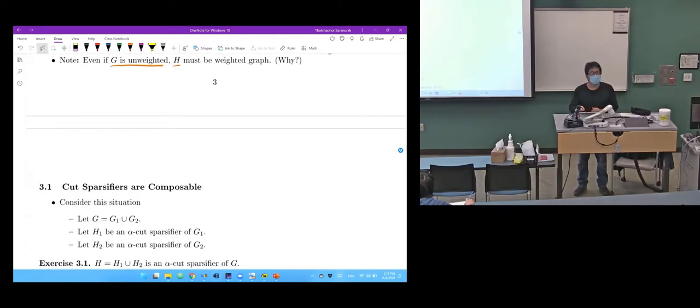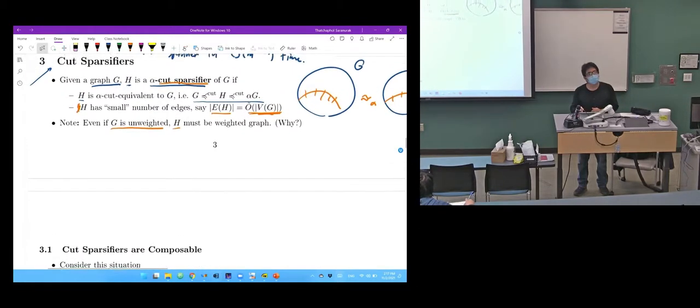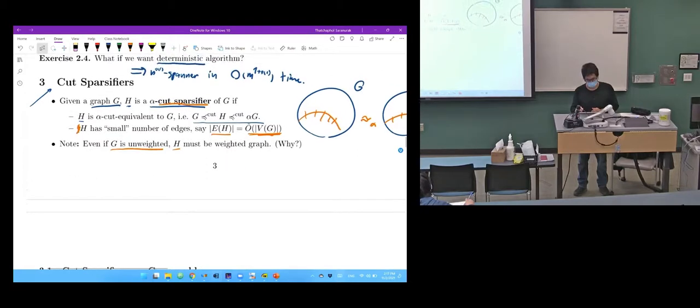But isn't that handled by the definition of the cut equivalence? Oh yeah, actually that's a good point.